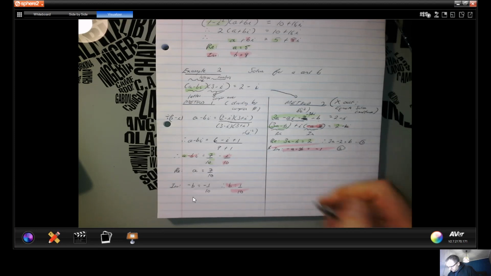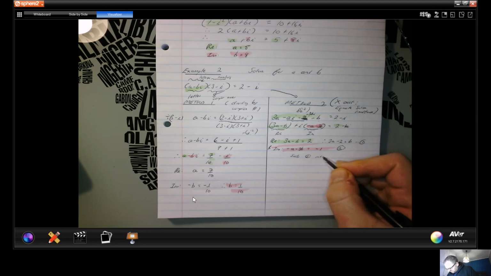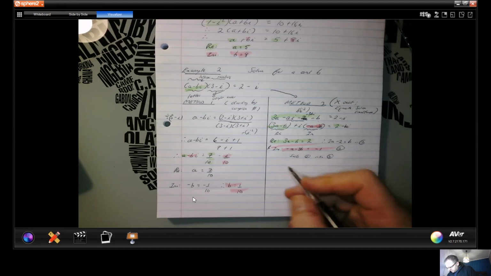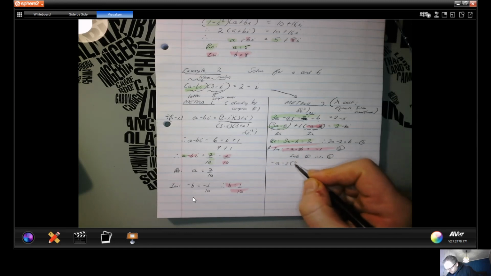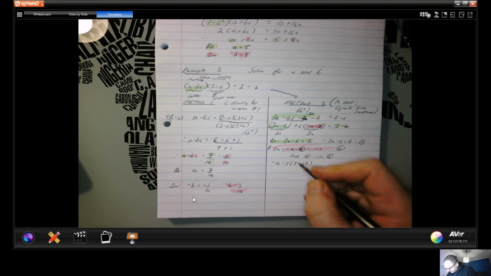Okay. So I'm going to substitute 1 into 2, which simply means wherever I see a b, I'm going to replace it with 3a minus 2. So I get minus a minus 3 times 3a minus 2. I've replaced this b over here with 3a minus 2.